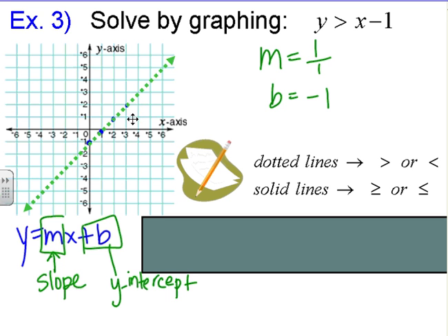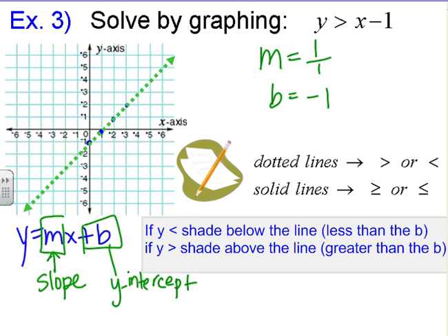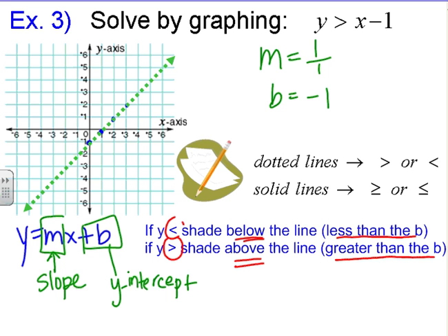Now we have to decide which way we're going to shade. Here's my little shortcut, and I find that this helps out a lot: if we have a less than sign, we're going to shade below the line. In other words, we're looking for less than the y-intercept. If it's greater than, we're going to go above the line, or greater than the y-intercept.